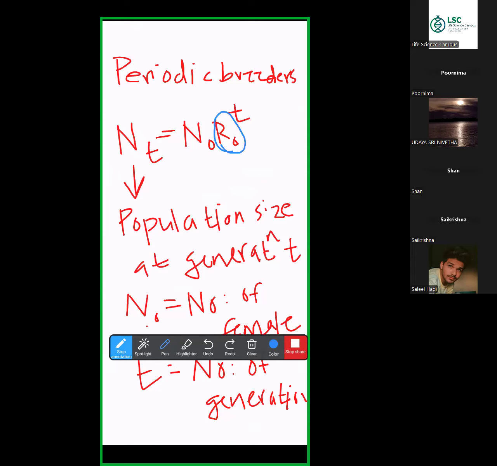Net reproductive rate. In order to find out R0, we have to find out the values of lx and mx. Because of the effort involved in calculating this R0, some ecologists use a shortcut.